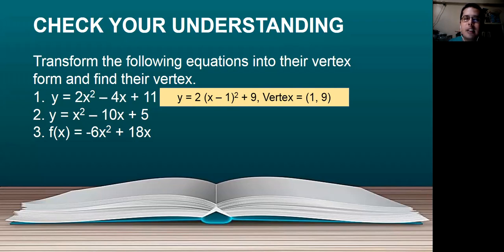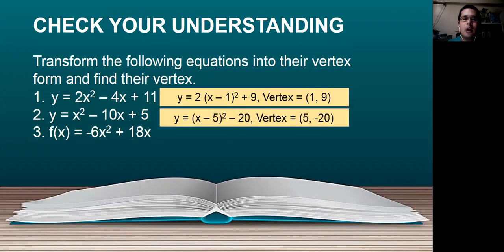Your vertex is at (1, 9). For number 2, y equals x squared minus 10x plus 5, the vertex form is y equals the quantity x minus 5 squared minus 20. So the vertex is at (5, negative 20).